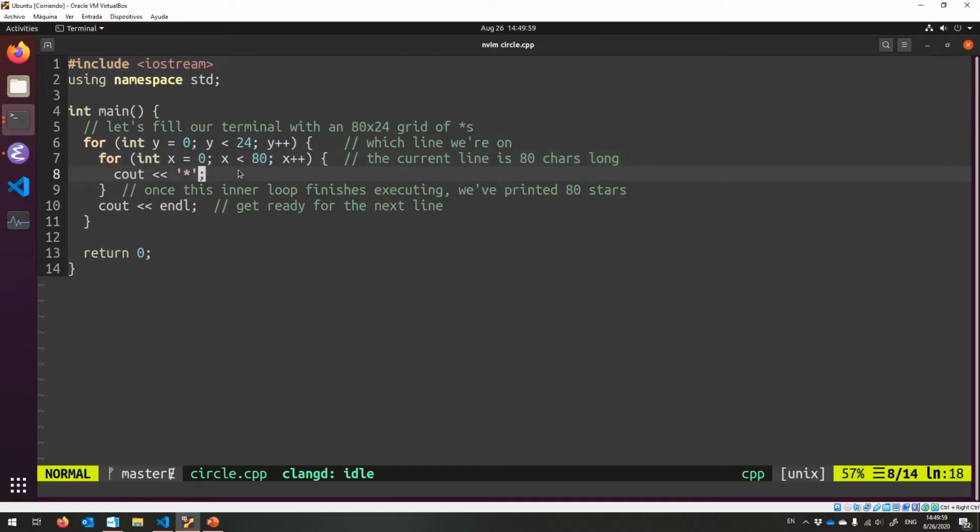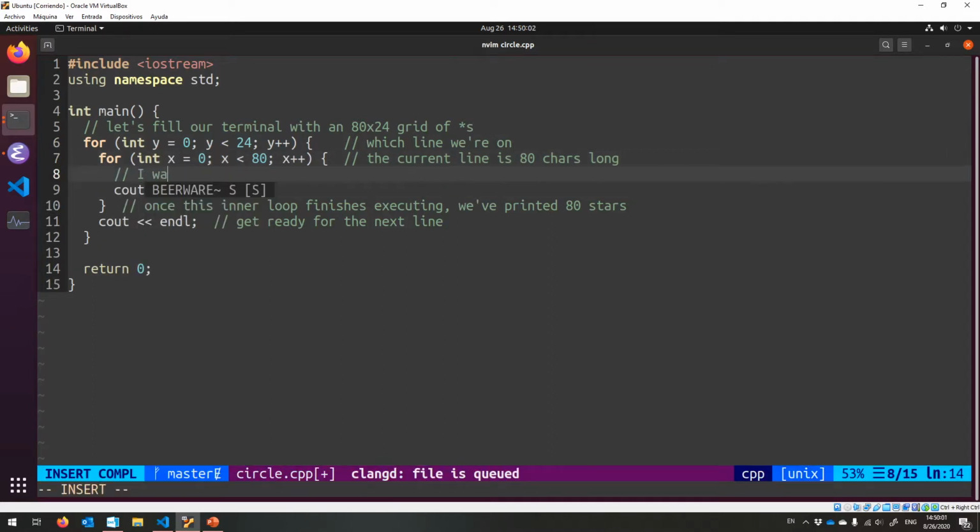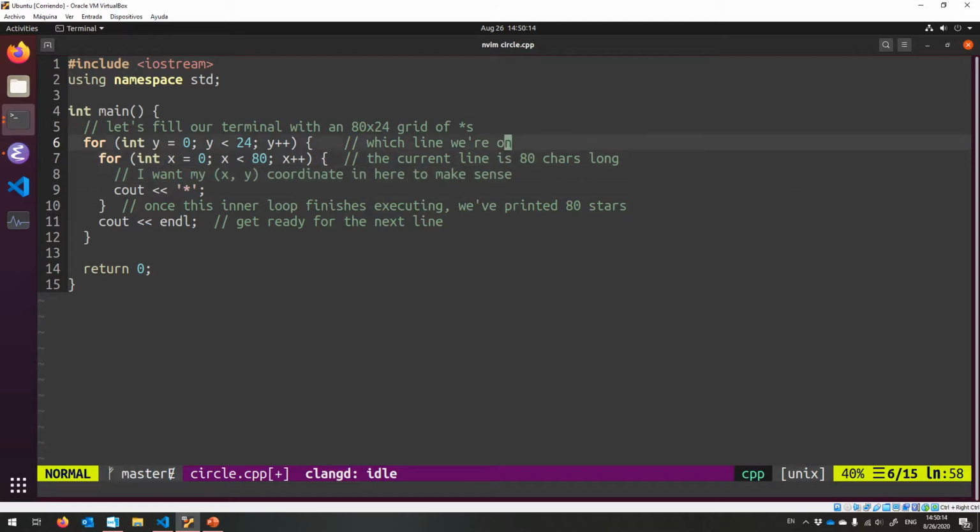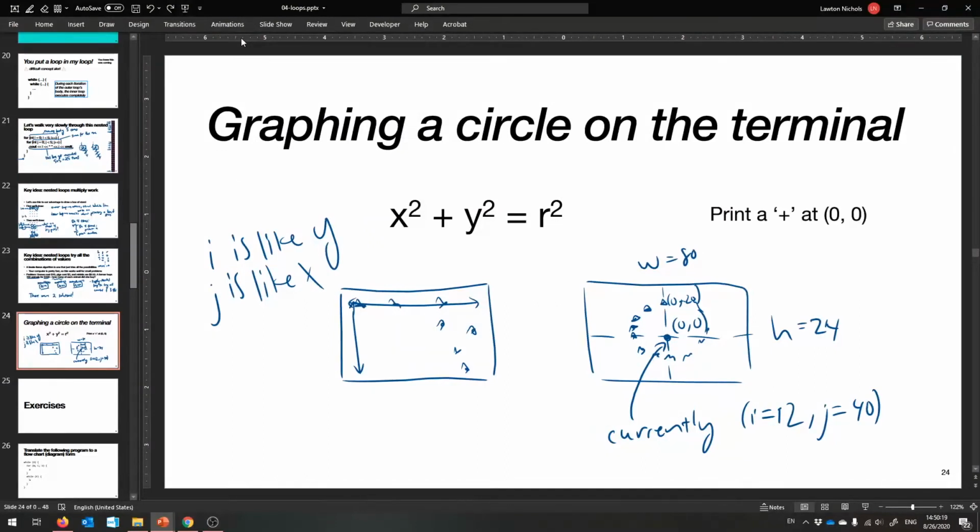Okay, so in here, I want my xy coordinate in here to make sense. I want it to be 0, 0 when it's in the middle. Okay? And so we're going to have to change what y and x are allowed to be between. When we start y, because that's the very first thing, we want y to be not 0, as it is right now. We want it to be, I guess, either 11 or 12.